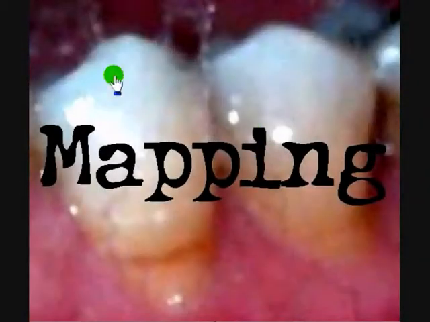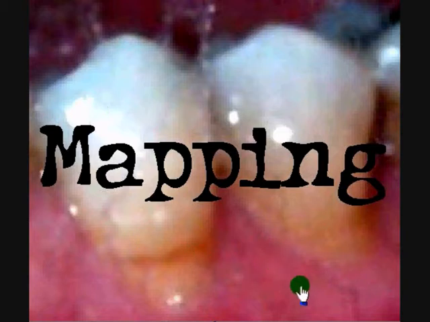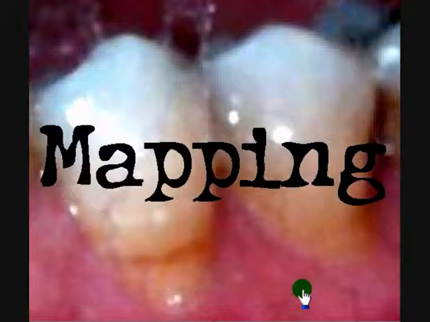Mapping is a technique which is necessary for me, especially when I work with doctors that are far away from my dental lab and ship in their cases to be realized, and sometimes they are hundreds and hundreds of miles away from my city.